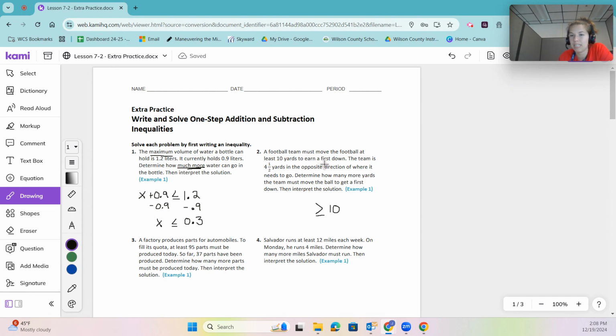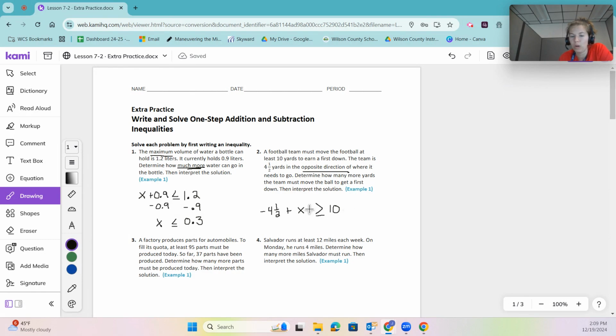Now this problem takes a little bit of understanding about the game of football, but where it says the team is 4.5 yards in the opposite direction, that means they have to earn the 10 yards. So they're at negative 4.5 yards of where they need to be. So plus what number is going to give you a number greater than or equal to 10 yards?